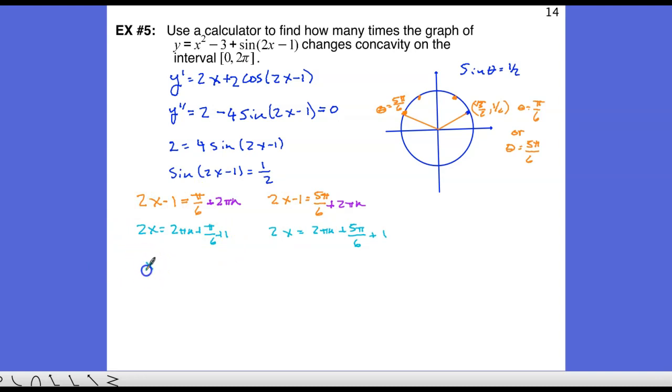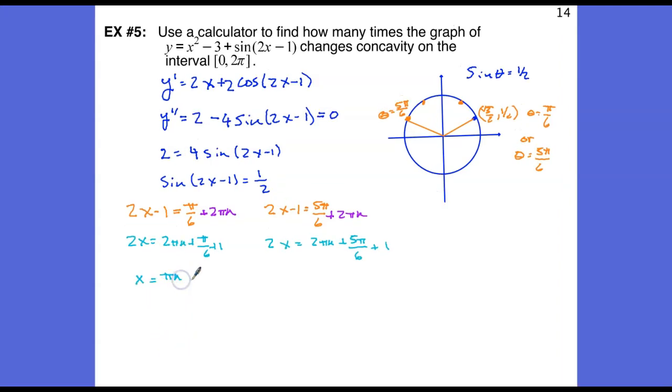And so that'll give us x equals, and 2 pi n divided by 2 is pi n, plus pi over 6 divided by 2 is pi over 12, plus 1/2. Over here we have x equals 2 pi n divided by 2 is pi n, plus 5 pi over 6 divided by 2 is 5 pi over 12, plus 1/2.